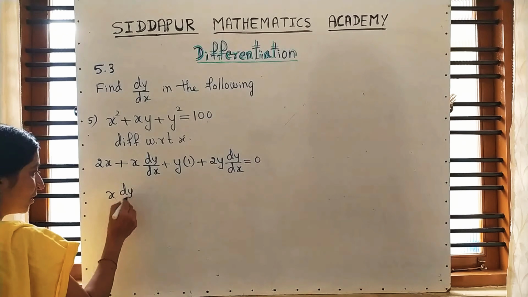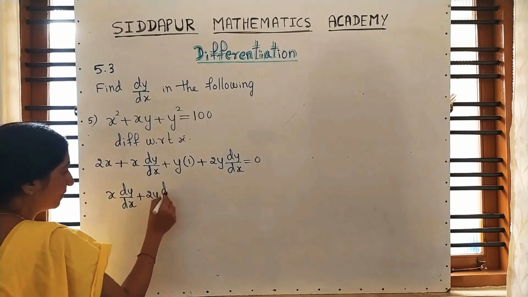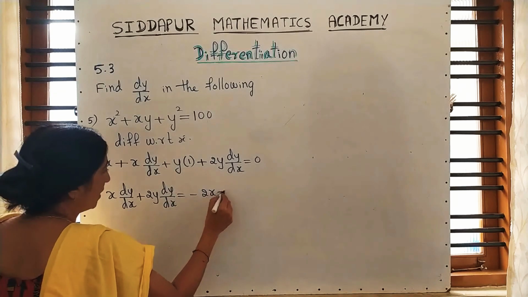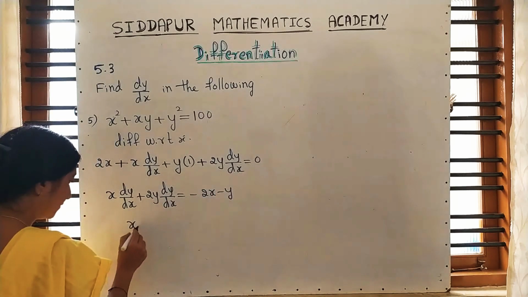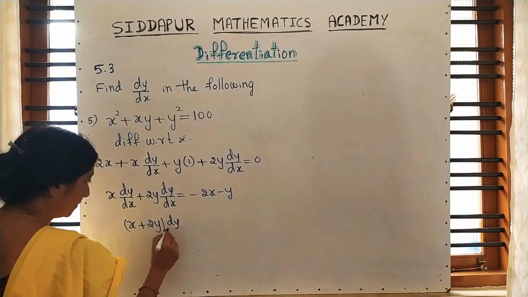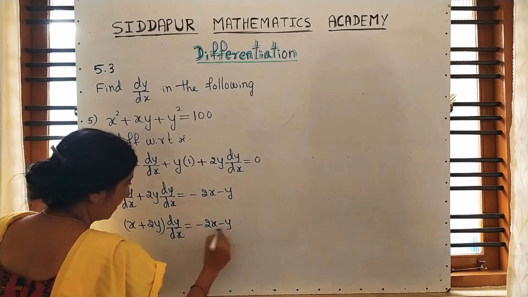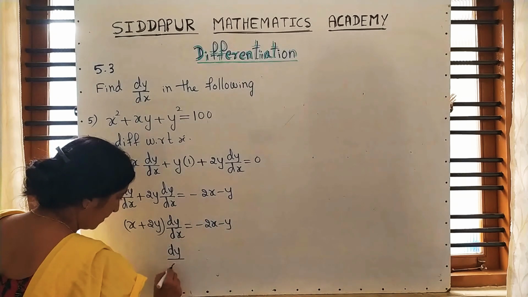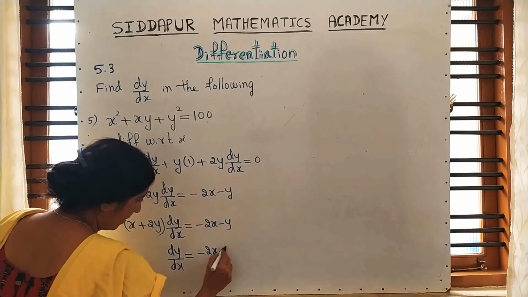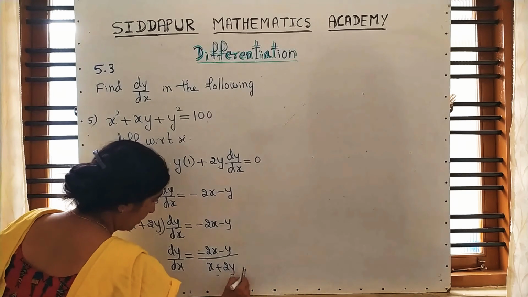Write down the term with the dy upon dx on the left side, without the dy upon dx on the right side. Then take this bracket term on the right side. It becomes division. This is the answer.